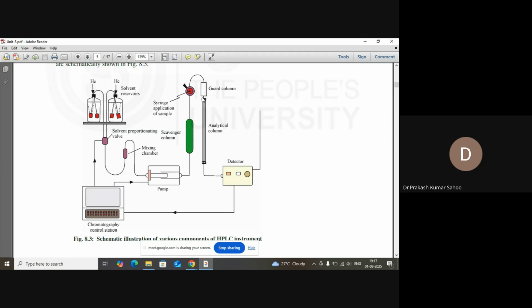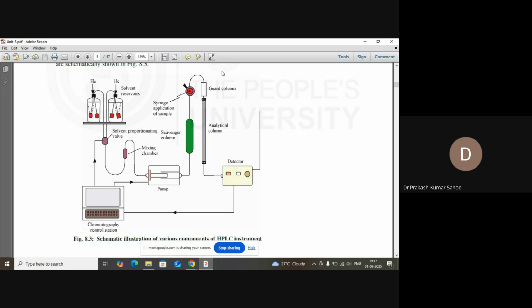Again the separated components pass through this column, and we have the detector which accepts the different electrical signals from the different components present in the mixture, and finally after the detection we have the chromatogram.